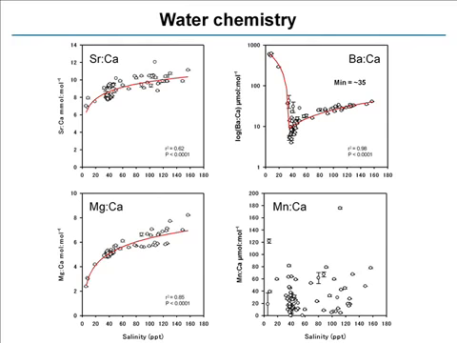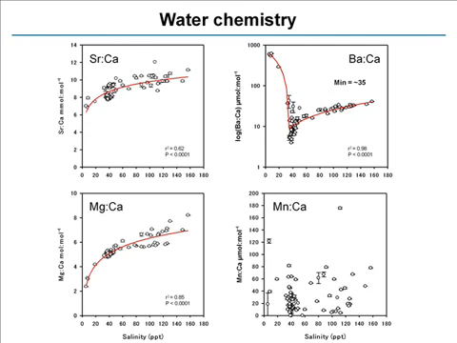We can also look at the information on the relationship between elements in the water and salinity, and we see the typical logarithmic relationships we'd expect for both strontium and magnesium. However, for barium, we see something that we were completely surprised about.